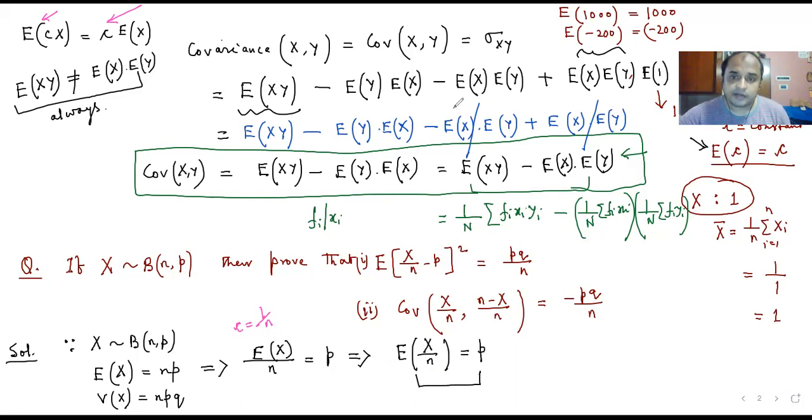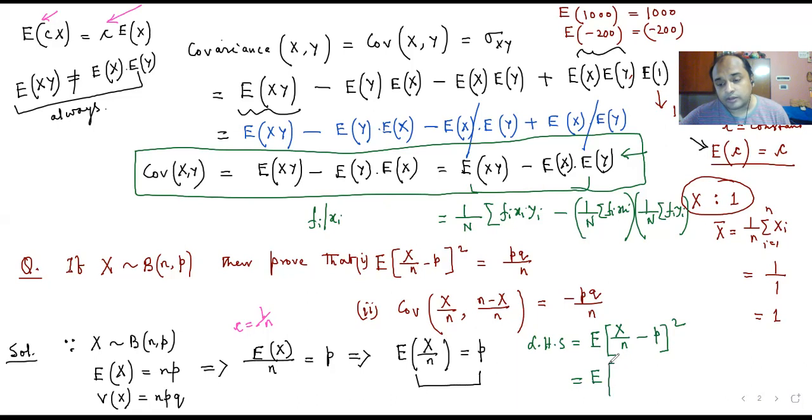Now carefully observe one thing: if I write the left hand side of problem number 1, it can be written in the following manner. My left hand side was expectation of X by n minus p whole square. Now in place of p, we can put expectation of X by n.